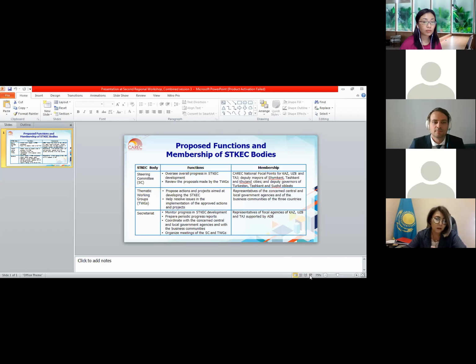At the first session, Mr. Bakhadir Ghaniev mentioned that he would tell us during the third session about the ADB-suggested institutional structure, to be followed, of course, by a discussion of some key steps in the formation of the institutional structure or framework of this corridor, including the creation of a steering committee of this entity and the possibility of signing a memorandum of understanding between Kazakhstan, Uzbekistan, and Tajikistan.